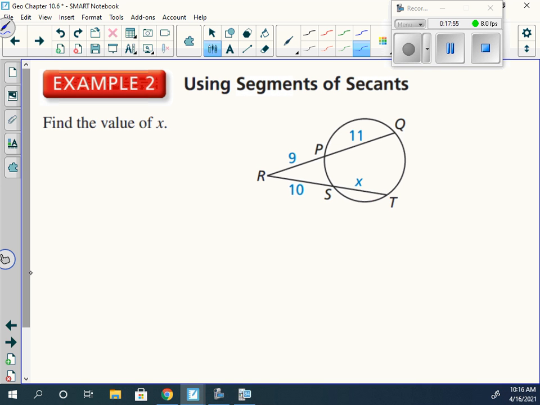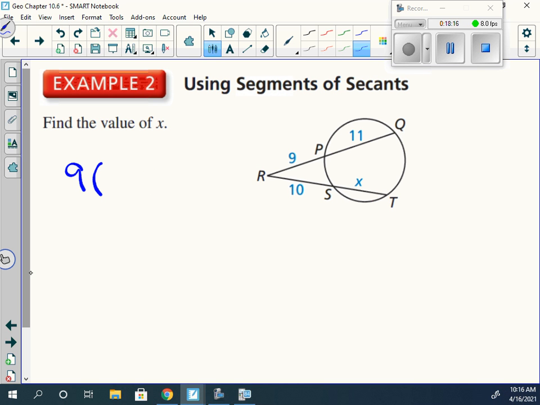So if we look at one of our lines, let's say RQ, the external length is what? 9. Now what are we going to multiply it by? It is the entire line, yes?